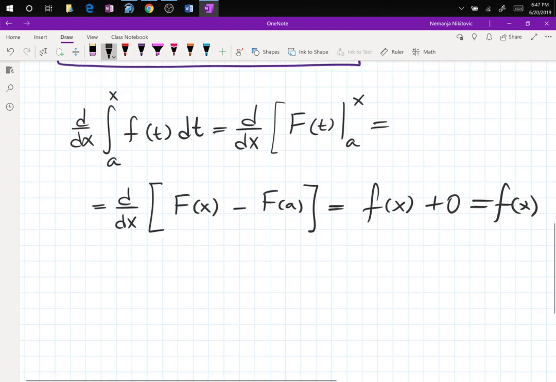Now, my question to you is, why are derivatives and integrals opposites? Wasn't the integral the inverse, like you're undoing the derivative? What you said is 100% correct. I just want to know why.